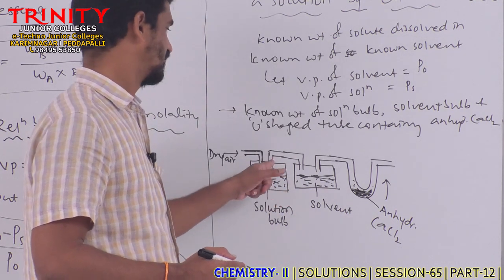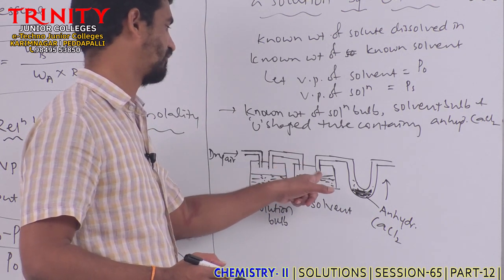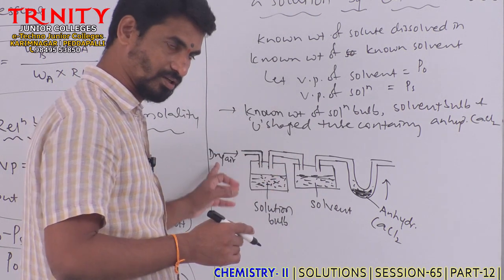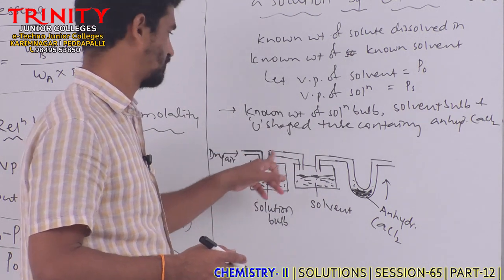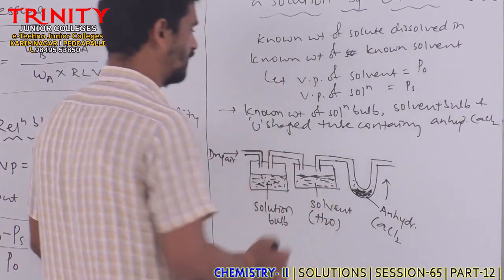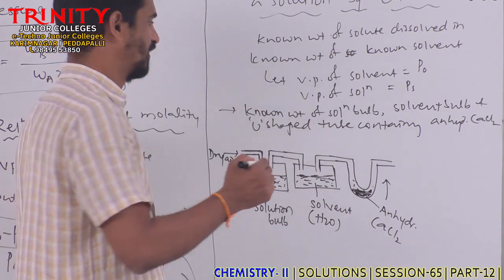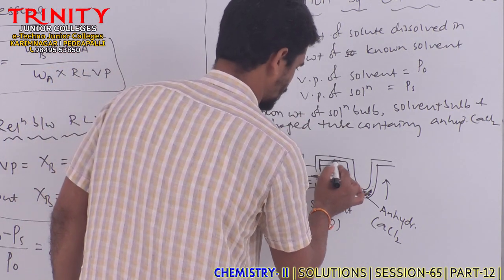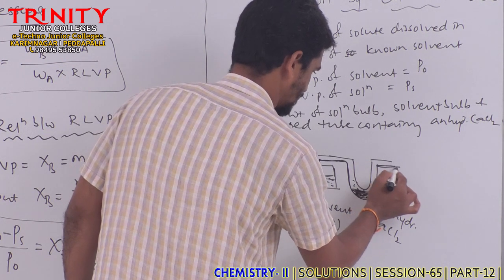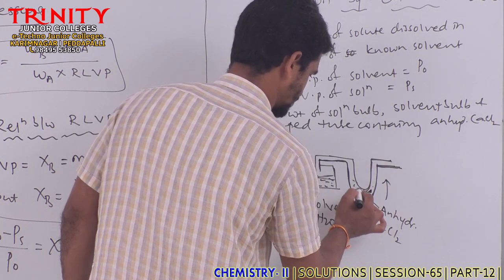And next, the dry air enters into solvent bulb, which is already saturated to some extent with water vapor, the vapor from the solution bulb, which is nothing but water. Now here it absorbs some more vapors, and now the air which is saturated with water vapor is allowed to enter into U-shaped tube containing anhydrous calcium chloride.